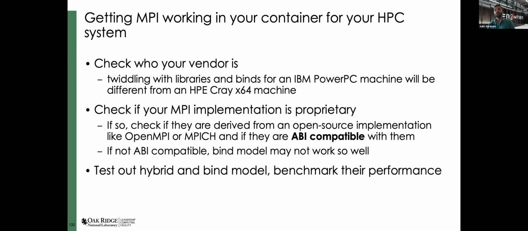Any application that works with one can reasonably work with another. So at that point, the advice is you tell your users to just use mpich instead. I can't really speak with any depth beyond what I just said about which ones are ABI compatible and which ones are not.